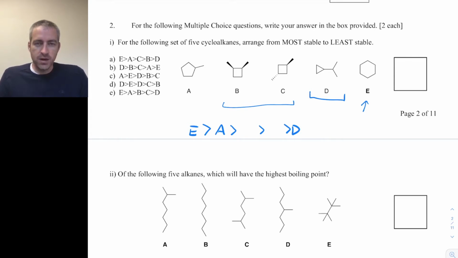That's going to maximize van der Waals strain for those 2 CH3 groups because you're bringing them very close to each other in space, whereas in C, those 2 methyl groups are spaced very far apart. So I would guess that B is going to be more stable than C, and that gives us E, A, B, C, D, which is E, is our correct answer.